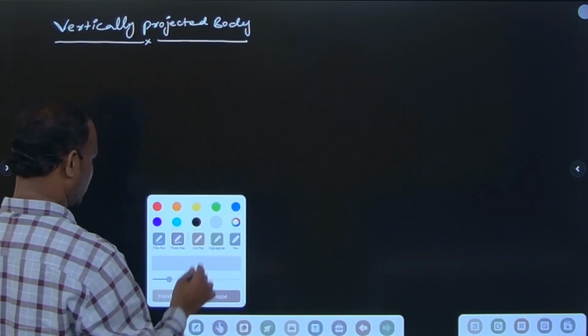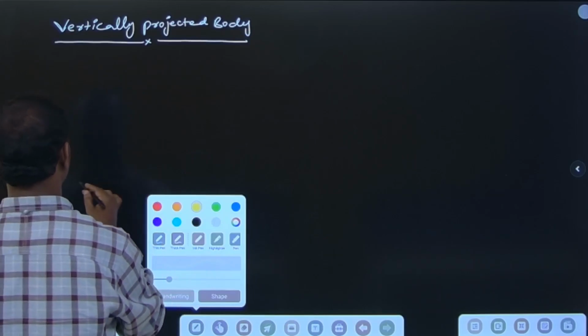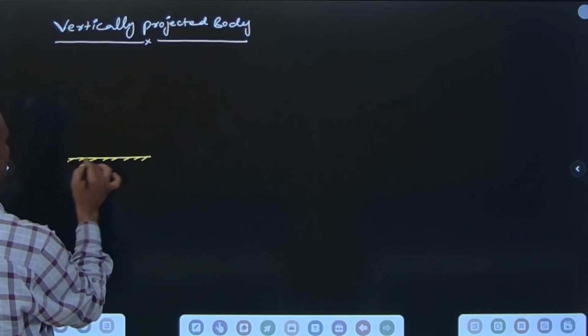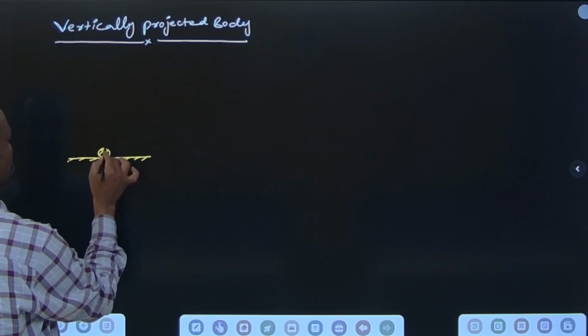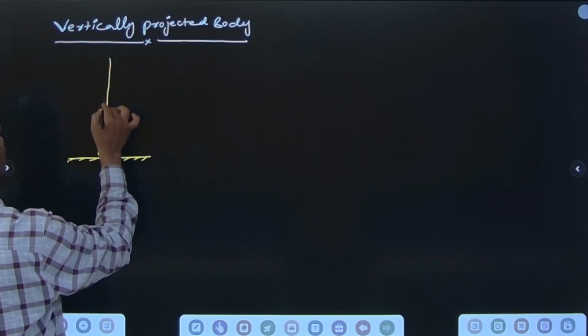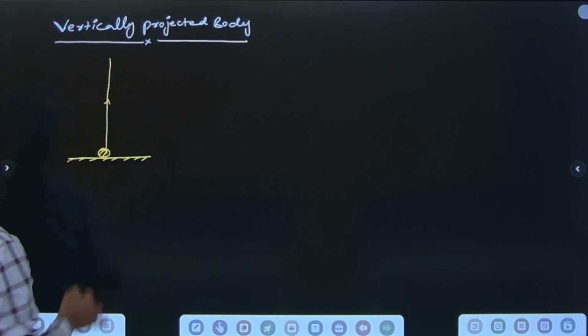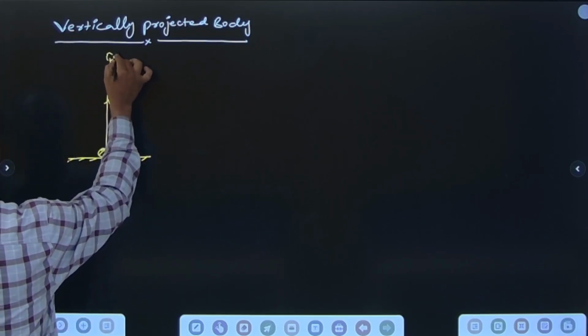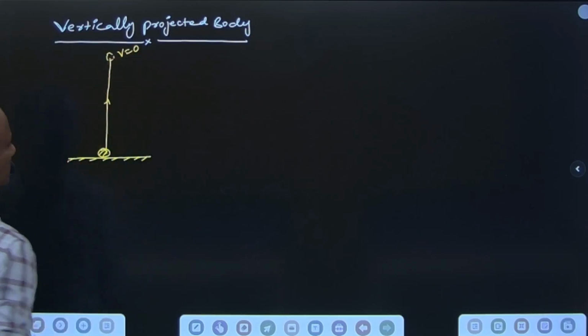You are on the ground. So a body is projected vertically upwards from the ground. At this position, velocity becomes 0.